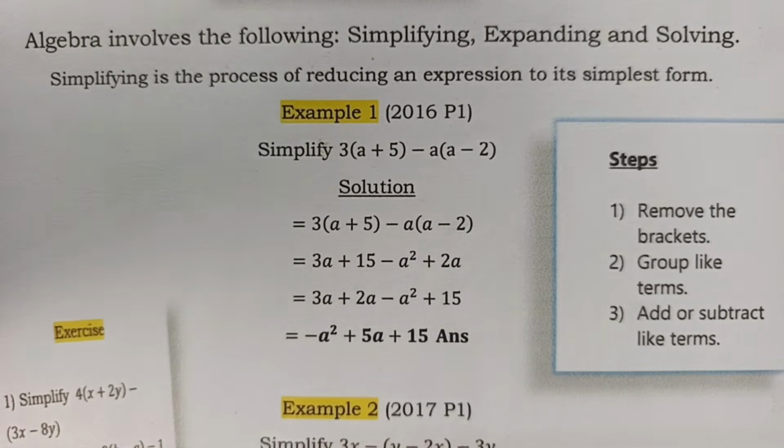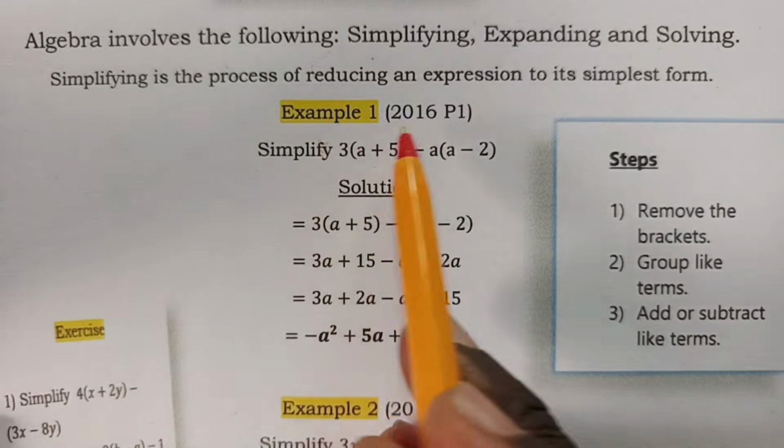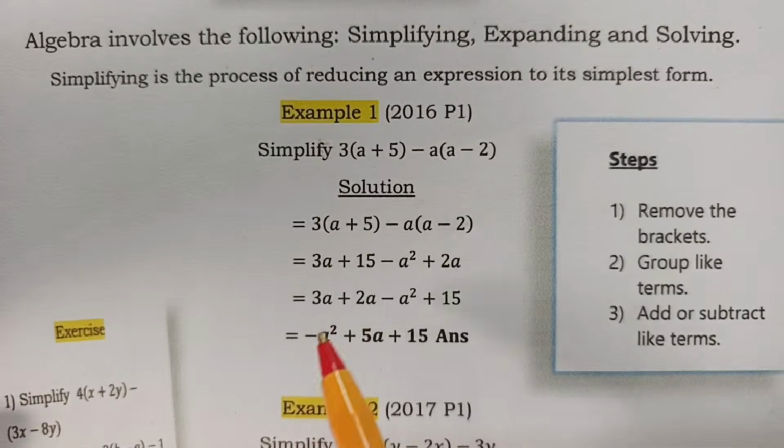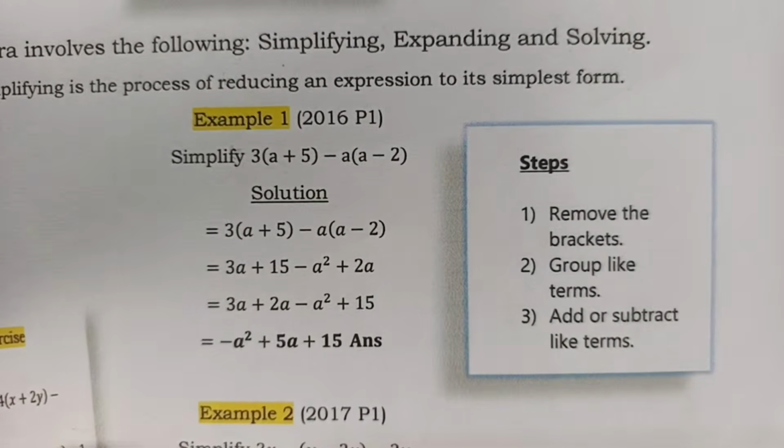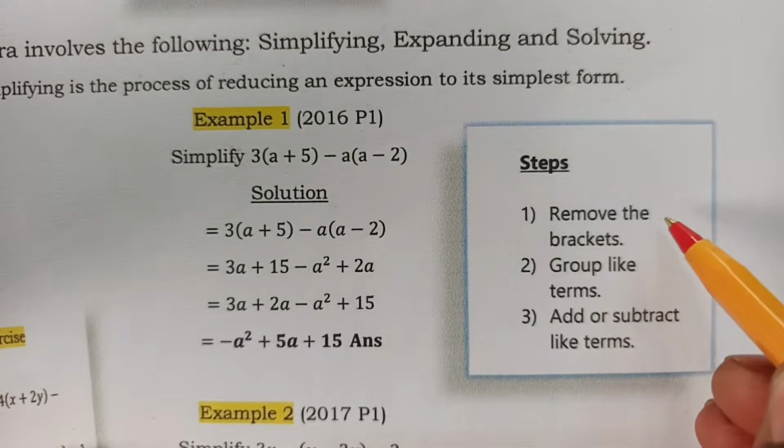So 2016, they said, simplify 3 open bracket, a plus 5 close minus a open bracket, a minus 2 close. This is how the question was, okay? That is in 2016. And if you check nicely the steps, let's go through the steps that you're supposed to do.